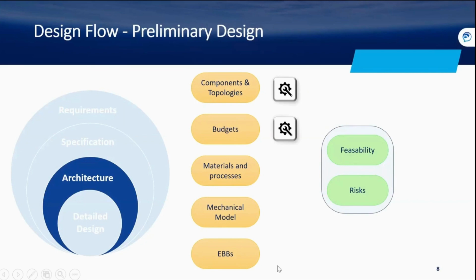So we should get preliminary budgets as an output. Also, we should define materials and processes. We will develop a preliminary mechanical model, and also sometimes we develop what we call the EDDs or breadboards, which are basically prototypes. I will talk about them a bit later.